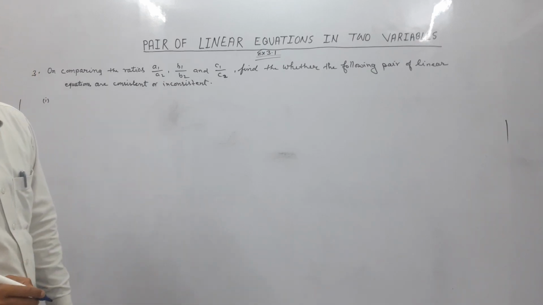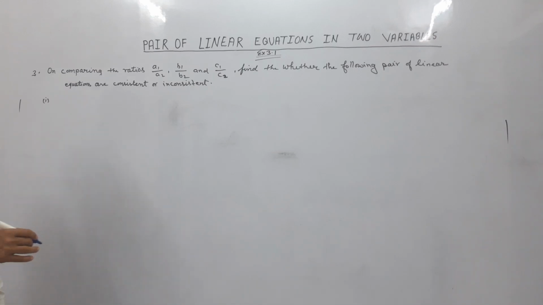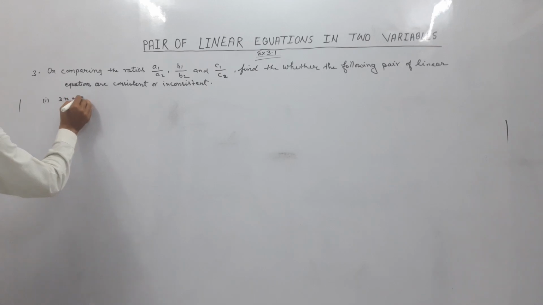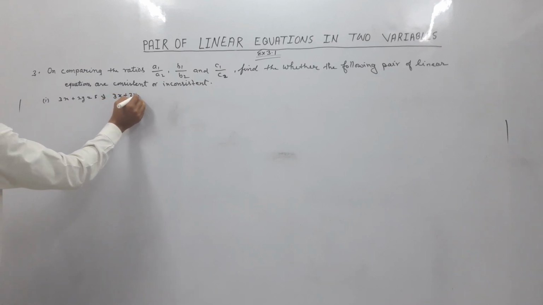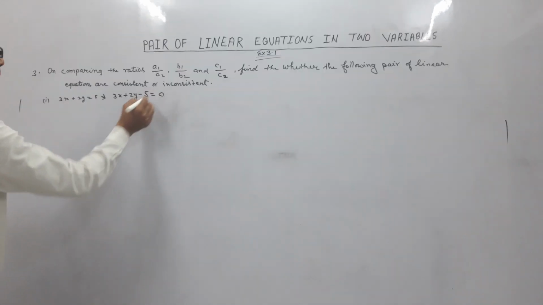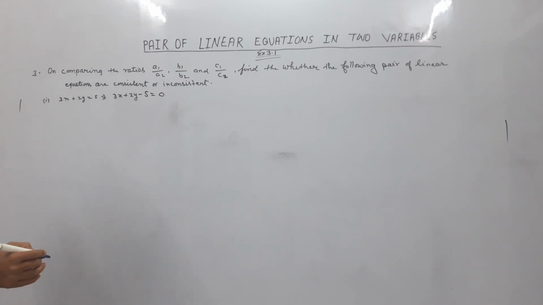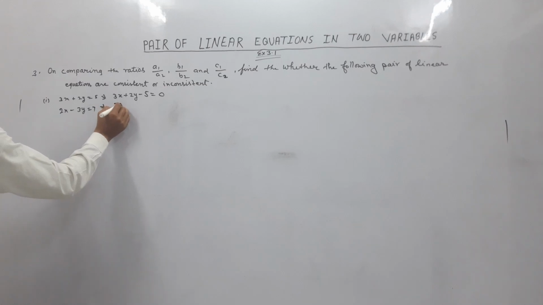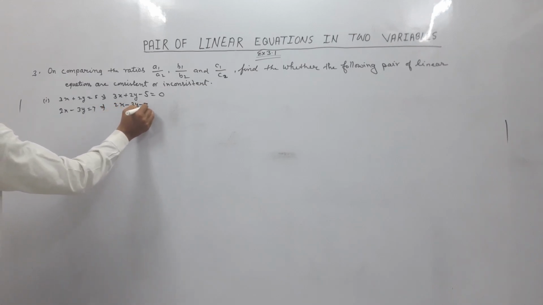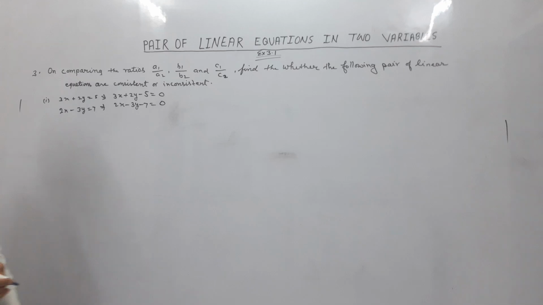First question, 3x plus 2y equal to 5, then implies 3x plus 2y minus 5 equal to 0. This is the standard form. Second equation, 2x minus 3y equal to 7, so then implies 2x minus 3y minus 7 equal to 0.